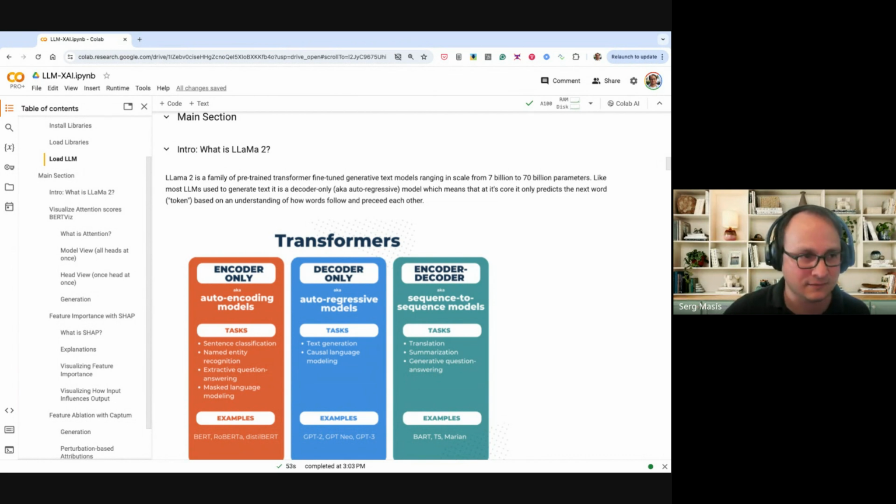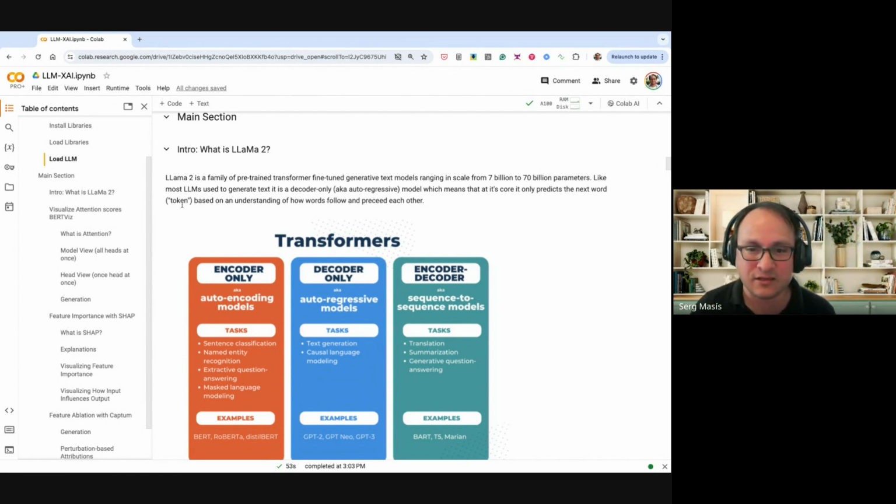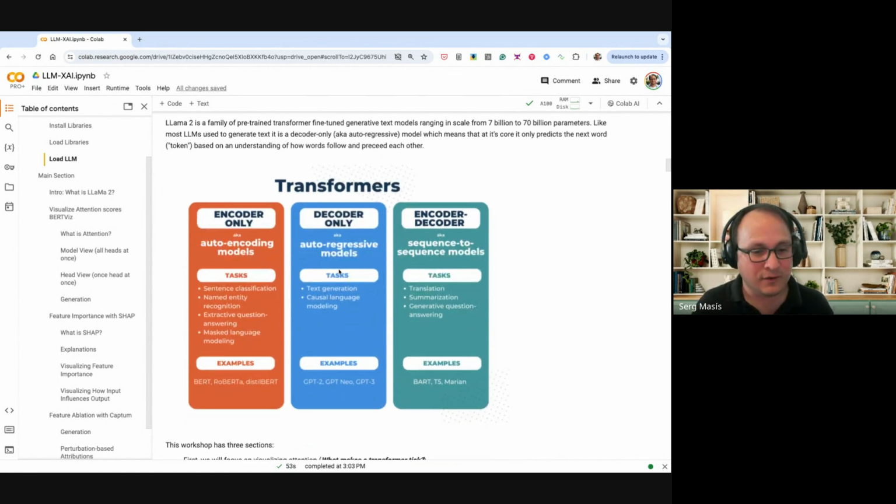I'll explain the subtlety and differences between a token and a word. You say word, but really we mean token. They're trained based on understanding how words follow and precede each other. That's what they're trained to do, and they can do a bunch of downstream tasks basically based on that.